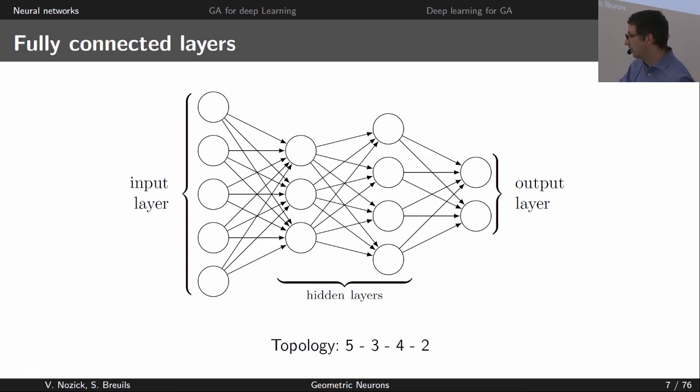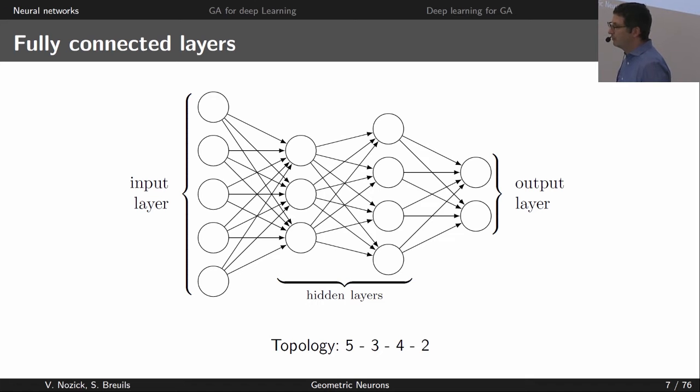This is the reason why this kind of network is called fully connected layers. Here, this is an example with 4 layers, and actually the most important ones are the first one, because this is where you put your input, and the last one, this is where you get your result. The layers in between are called hidden layers because we just cannot see them, and that's fine. This is not so important.